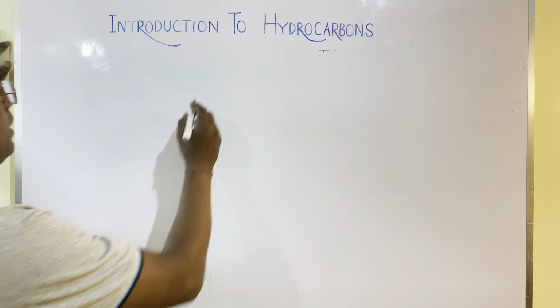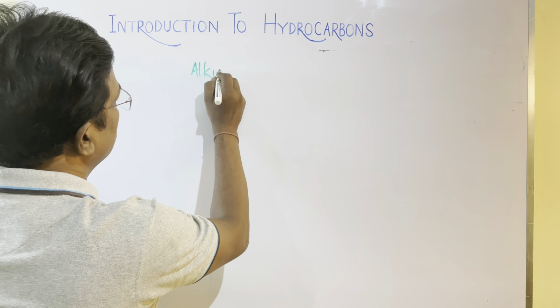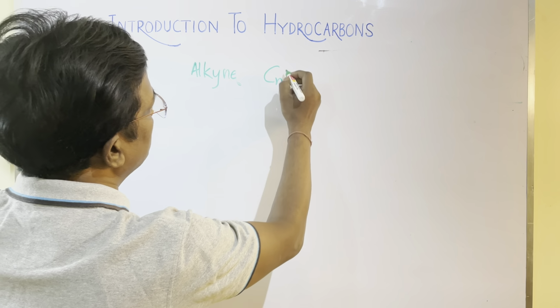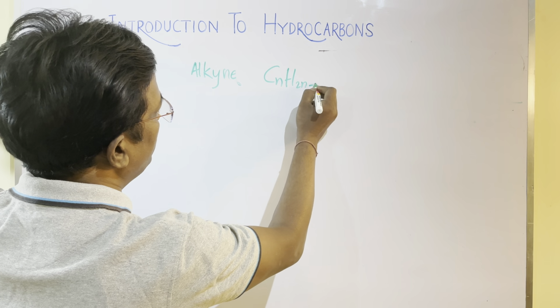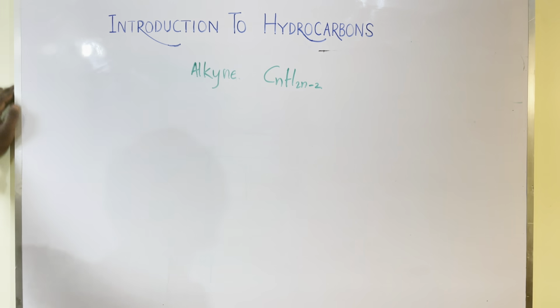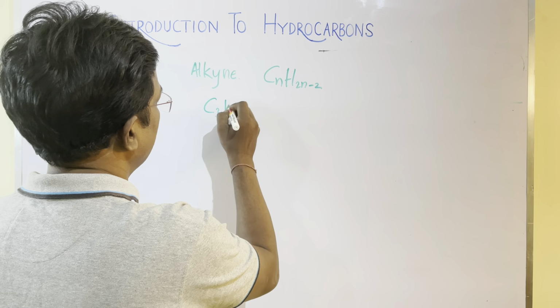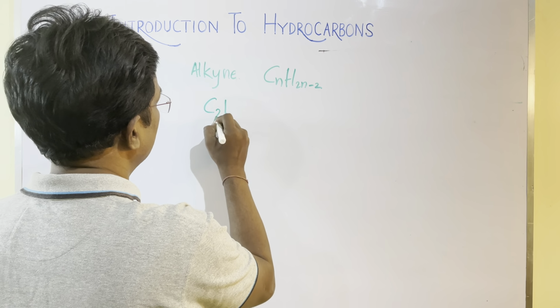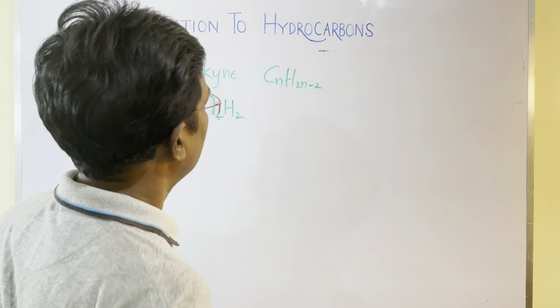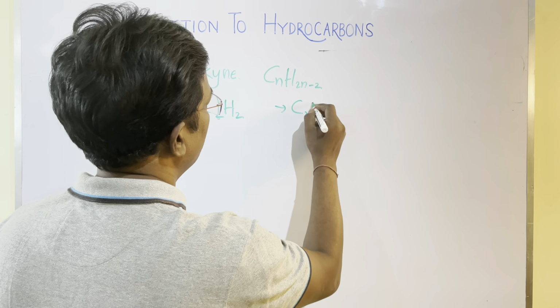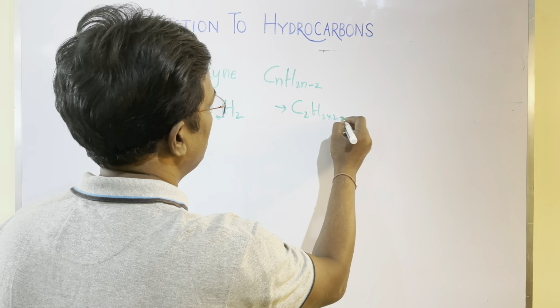Now alkynes. The general formula of alkynes is CnH2n minus 2. The first member is C2H2. How? Let's put n equal to 2 here. C2H2 into 2 minus 2.